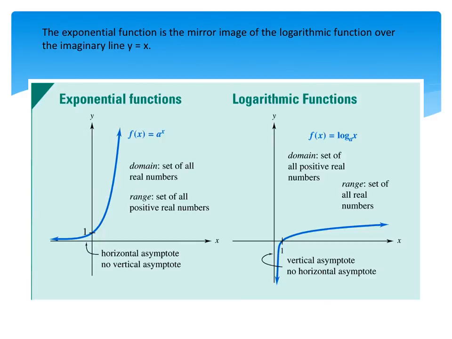Whereas the exponential function has a horizontal asymptote with no vertical asymptote, the logarithmic function has a vertical asymptote with no horizontal asymptote. So this is a nice visual for you to compare the two functions to one another, and also to have a better understanding of how the domain and range compare between the two.